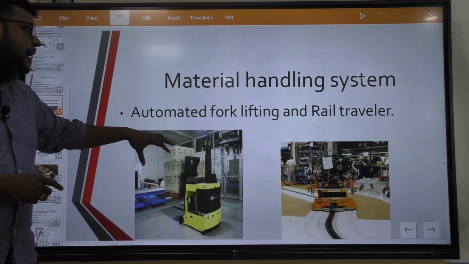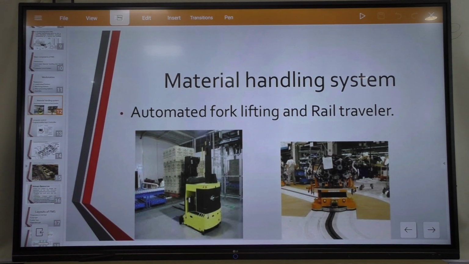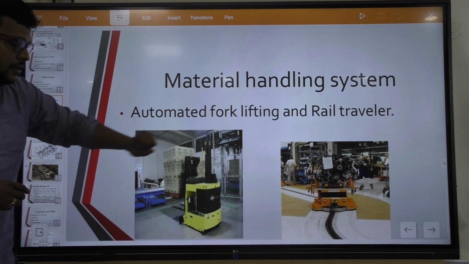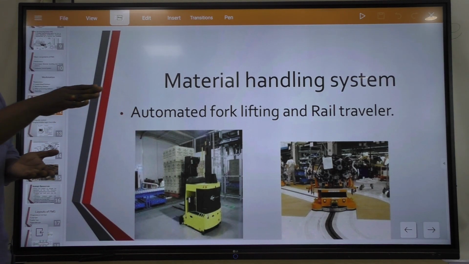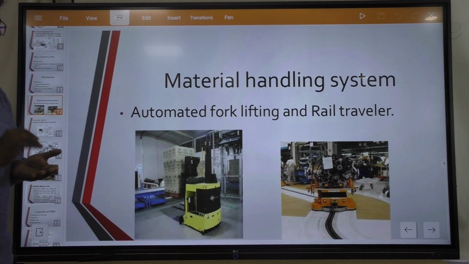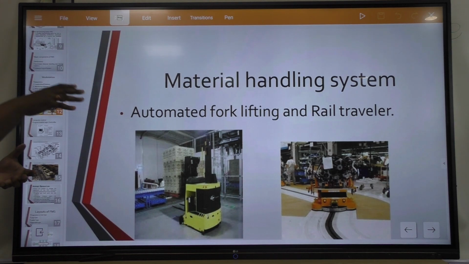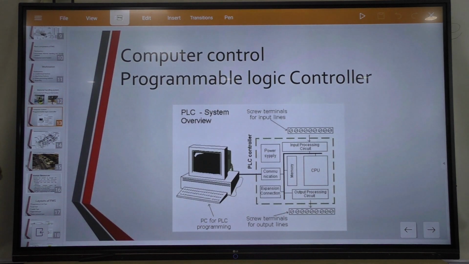It will be possible by this material handling system. So this is a path. If you can see, a rail track has been there, it is a path. It will follow the path and do the respective operations. Whatever has been loaded, it follows that path.